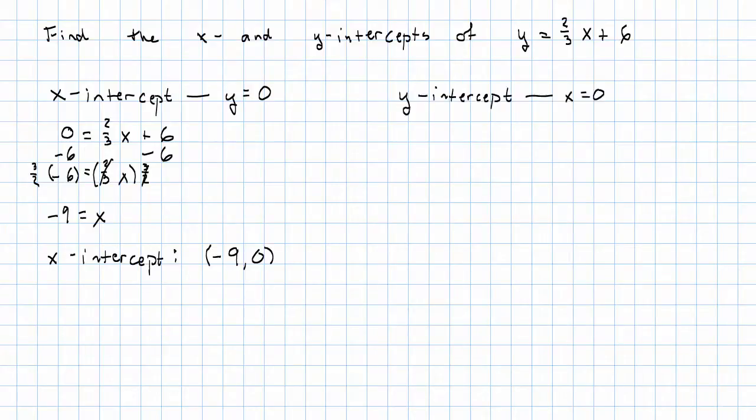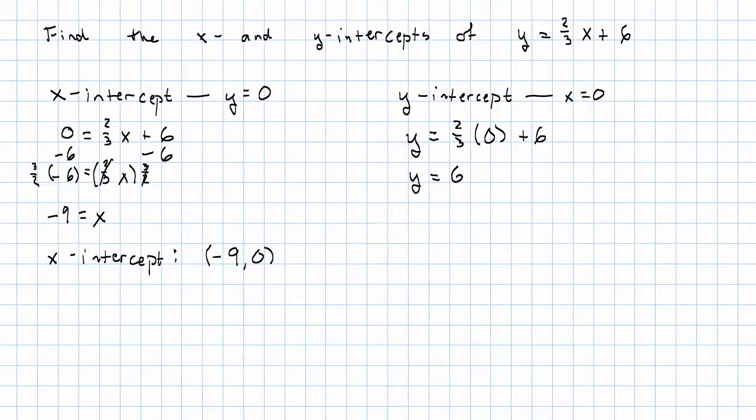What about the y-intercept? That's the point where x equals 0. So again, we plug in. Y is what we want to find. It's 2/3 times 0 plus 6. 2/3 times 0, that's just 0.